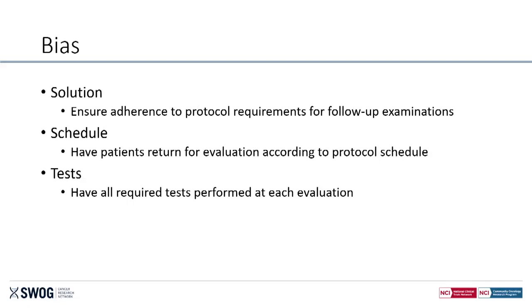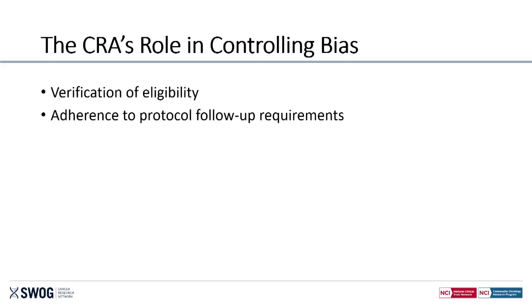And then having the tests performed per protocol, because some of those tests are clearing the protocol for both safety as well as efficacy reasons. And your role or your staff's role is making sure that it's verification of eligibility, it's adherence to protocol guidelines.